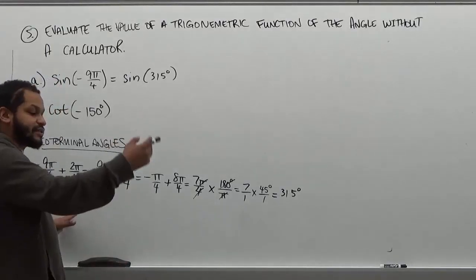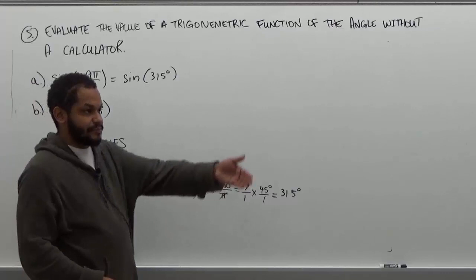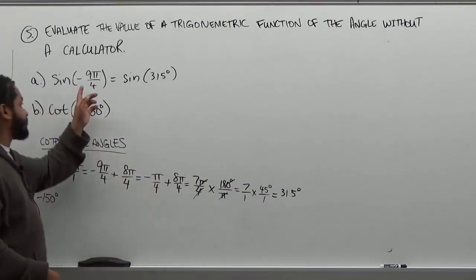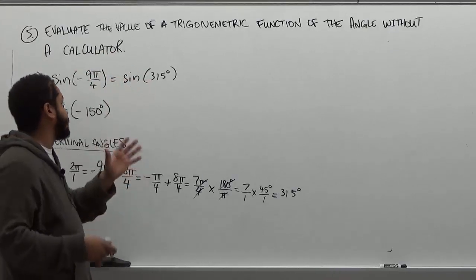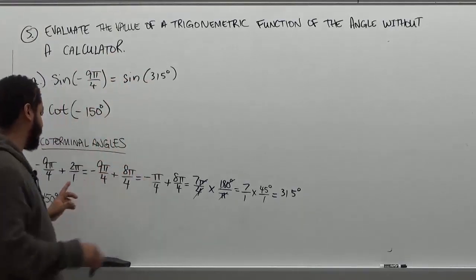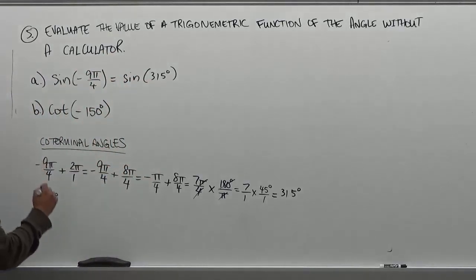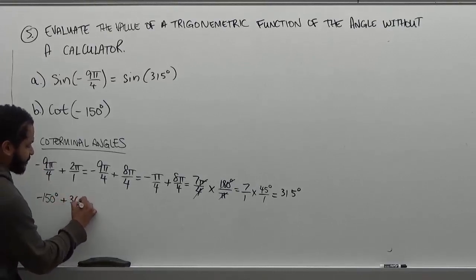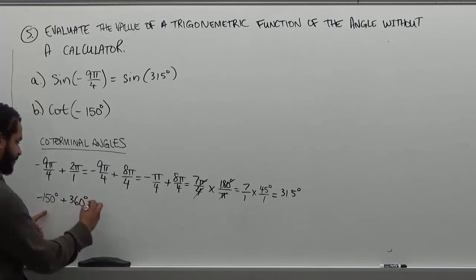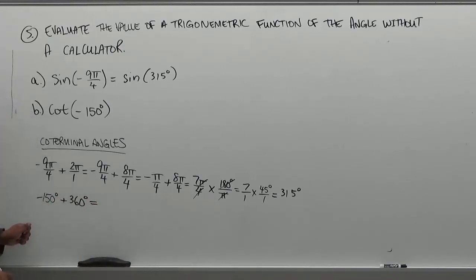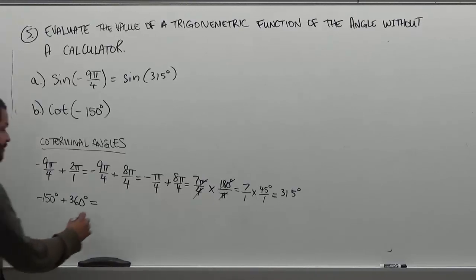If this were a positive angle greater than 360, we would subtract 360. The same goes for this. If this were 9 pi over 4, we would subtract 2 pi until we get an angle between 0 and 2 pi. So in this case, we're going to add 360 degrees to make this an angle between 0 and 360 degrees. So when we do 360 minus 150, we get 210 degrees.